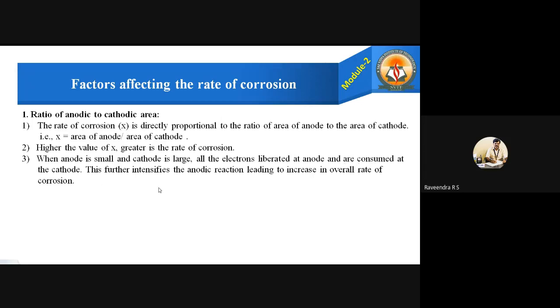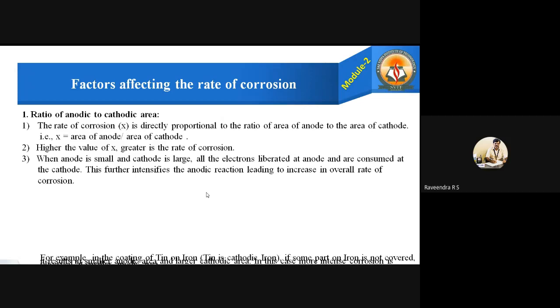This further intensifies the anodic reaction, leading to an increase in the overall rate of corrosion.